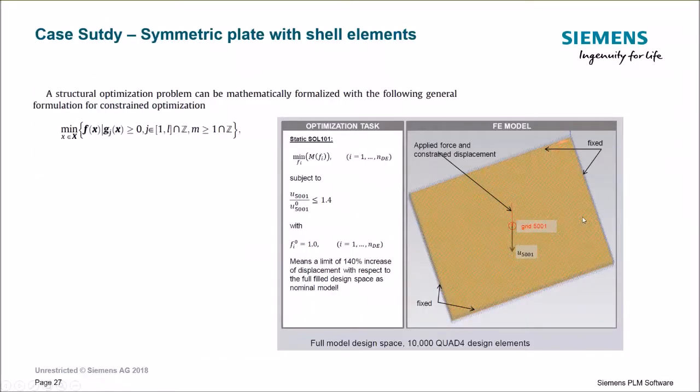Basically, the structural optimization problem is a minimization problem in which we want to find a vector of variables x that will minimize the design objectives expressed here by f(x) while satisfying certain constraints expressed by g(x).